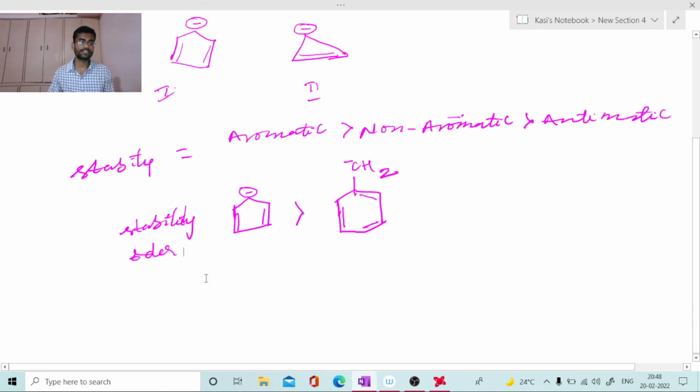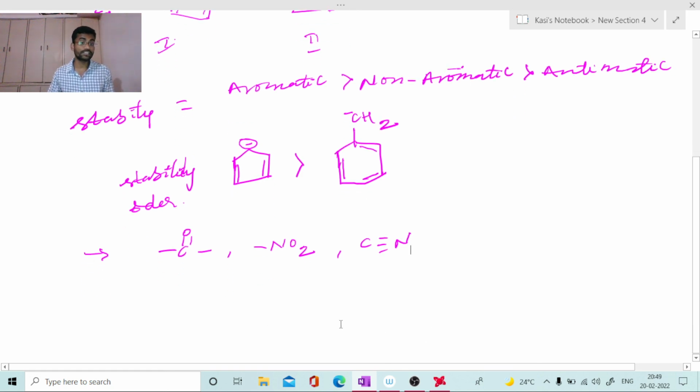One miscellaneous case will be there. The last point, electron withdrawing groups will be present, like the ketone group, the nitro group, and next the CN group. They will be involved, and then the negative charge can be stabilized on the more electronegative atom.